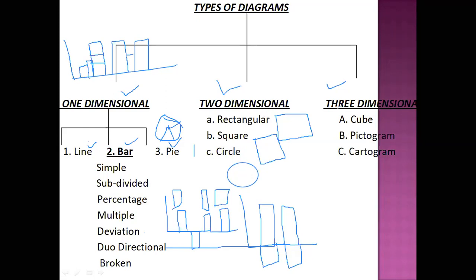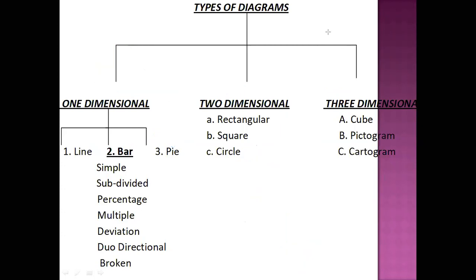Now coming to three-dimensional diagrams. Three-dimensional diagrams have been divided into mainly 3 categories: cube, pictogram and cartogram. Okay. And in three-dimensional diagrams, length, breadth and height, all the three will be taken into consideration.